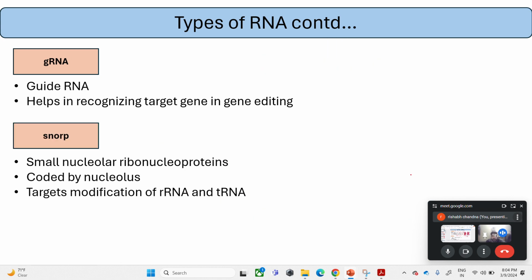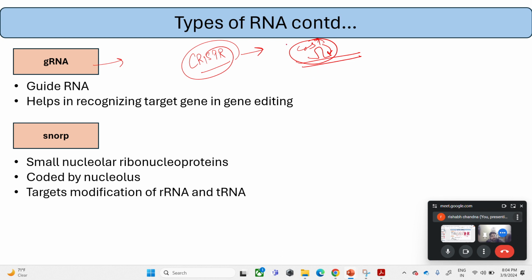Now moving on to the gRNA or the guide RNA. So basically, guide RNA helps in guiding the genome editing tools to a particular location. For example, if we talk about CRISPR, this particular guide RNA, if this is the gene that needs to be silenced or knocked out, the guide RNA will guide it to the particular gene where the nuclease Cas9 can go and bind it.